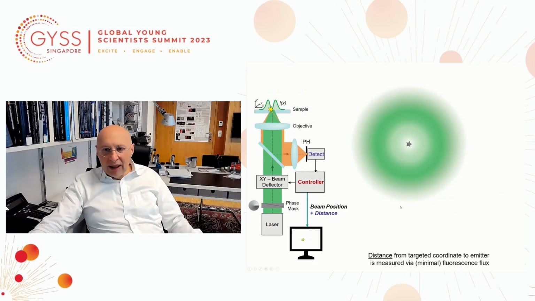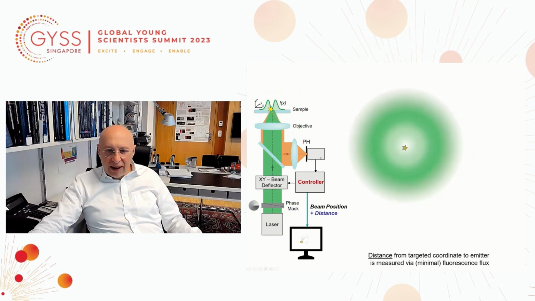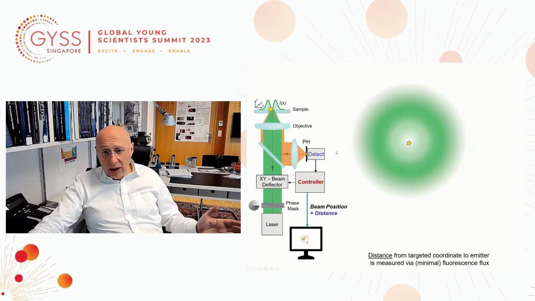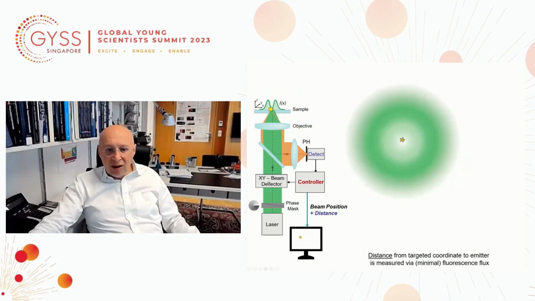Okay, now in reality, there's no such thing as a demon, but in reality, you can come up with something that comes close to it. And that is the following. Rather than having a demon here, we have a controller that measures the number of detections. Of course, there will be some cases where the zero does not coincide with the molecule, and there will be some fluorescence emission and detections. And then the controller acts on the beam deflector.